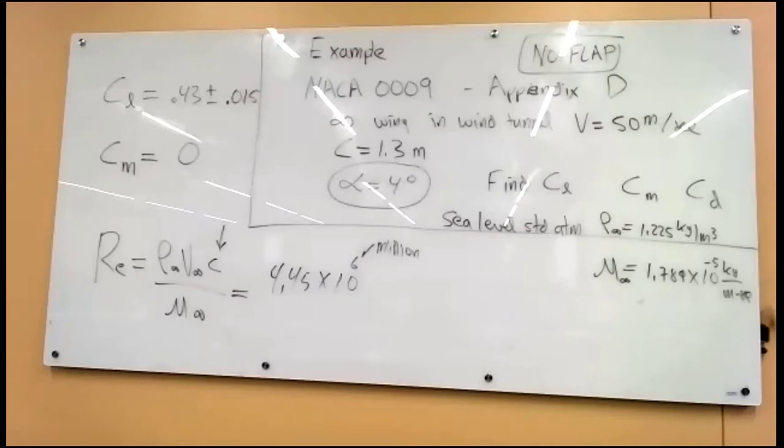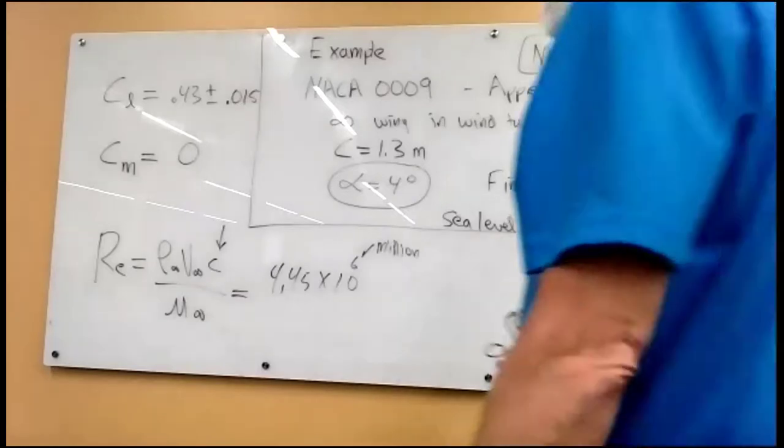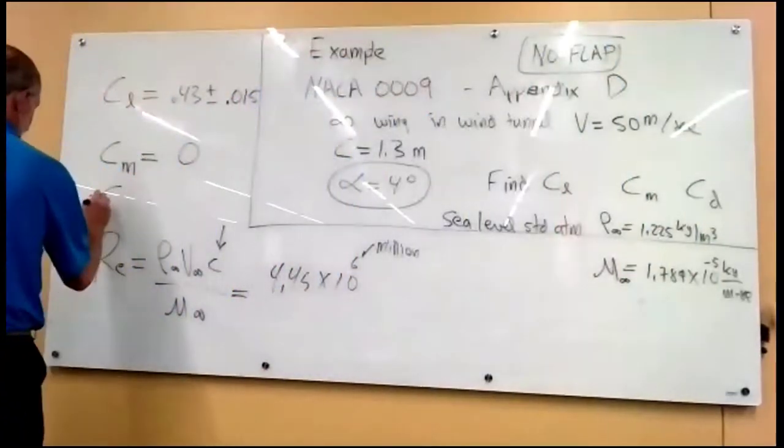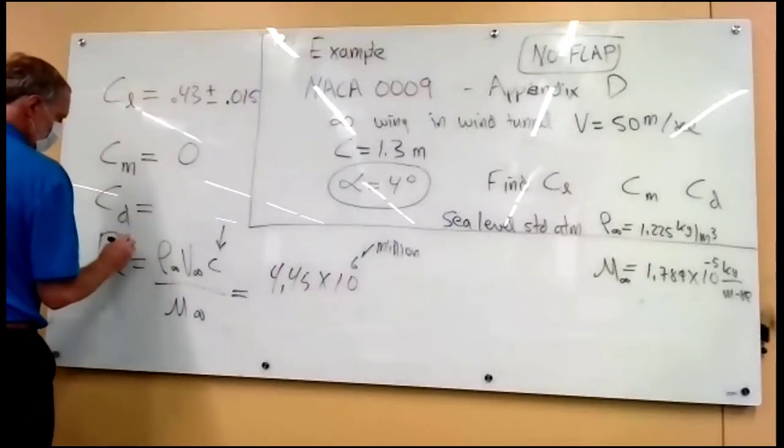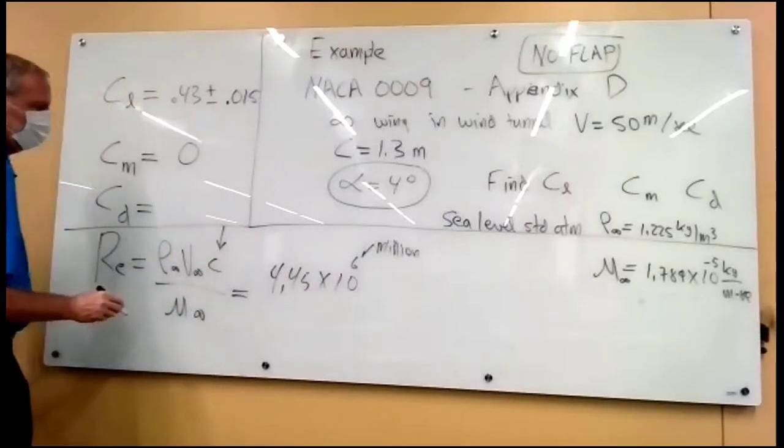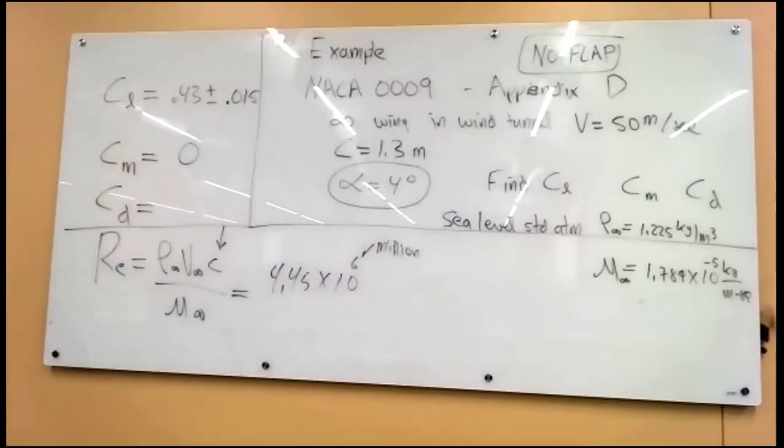And now we got to go back to the chart for the drag, and we're going to read off our CD value. So I'll give you a minute to get caught up here, and then I'm going to switch back to the chart.